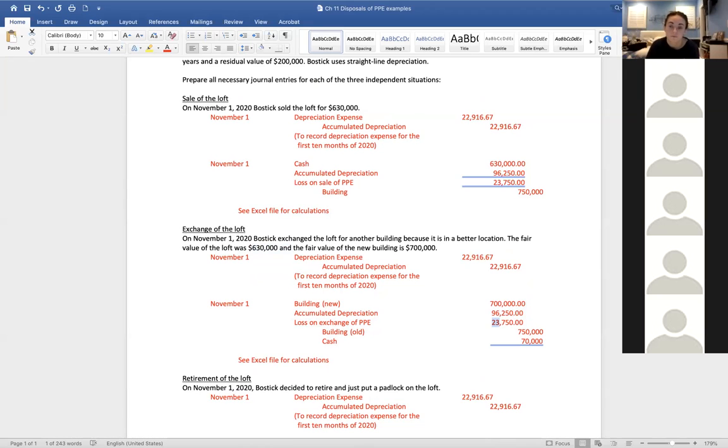Well, on this one, the fair value of the old building, I said, was 750,000, and the book value was 50,000. So would I have a gain or a loss?